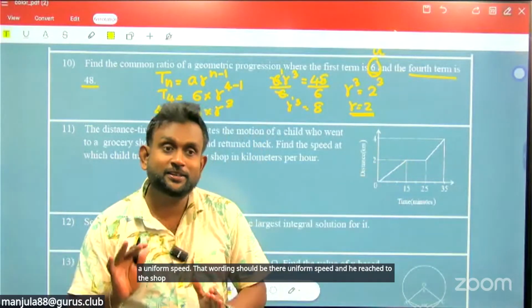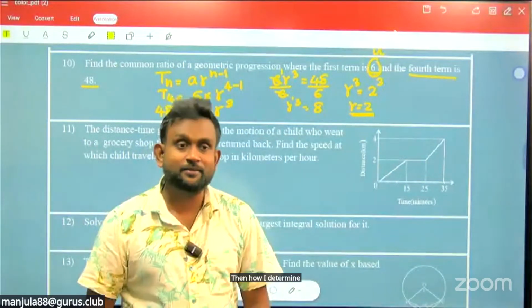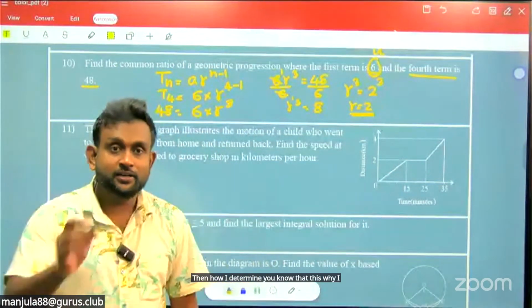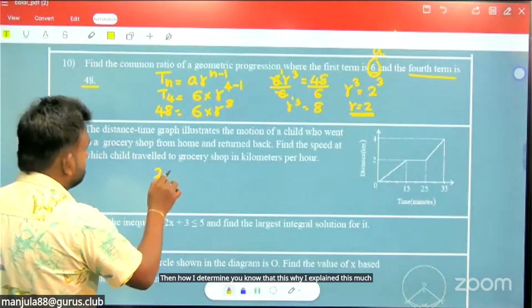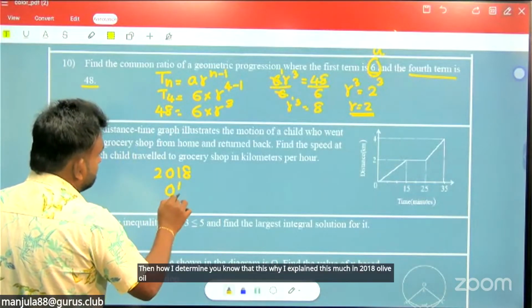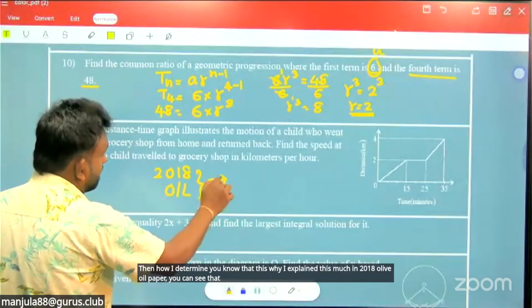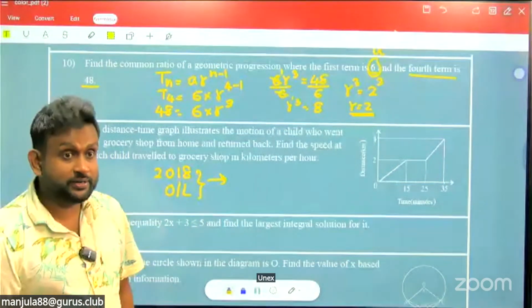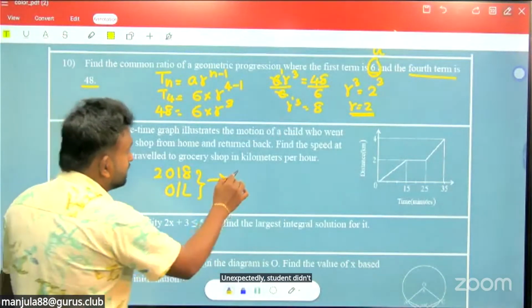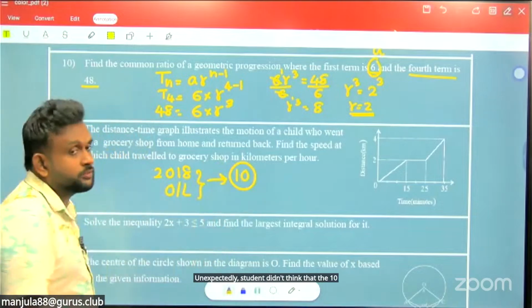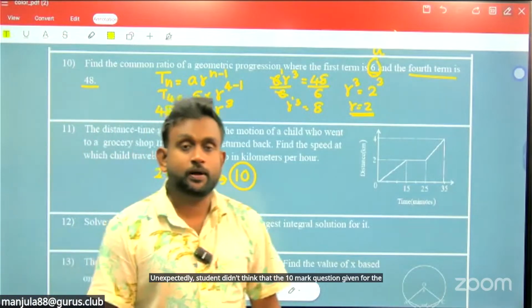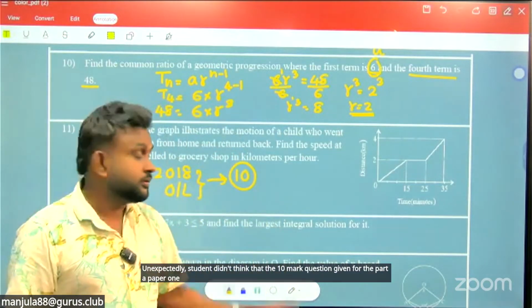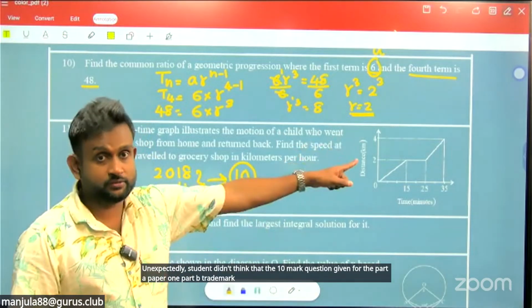You know why I am explaining this much. In the 2018 O-level paper, unexpectedly, students didn't think that a 10 mark question would be given in Paper 1 Part B from the distance time graph.